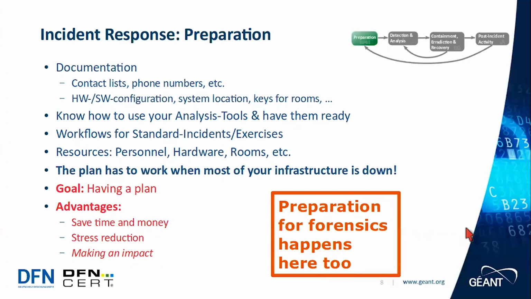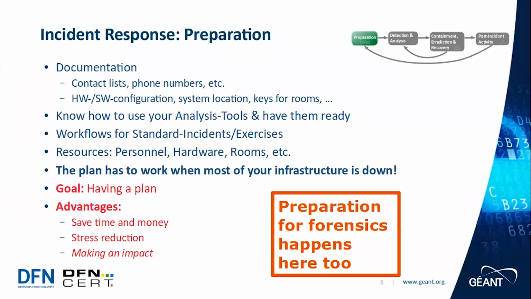This means we first have to do a lot of documentation and general work on how an incident is handled by whom. That is covered in the documentation list, which covers at least a contact list with phone numbers and email addresses.